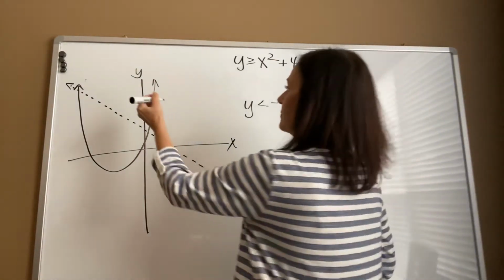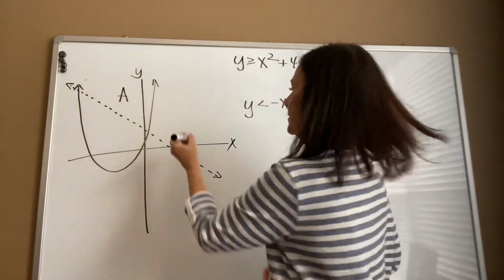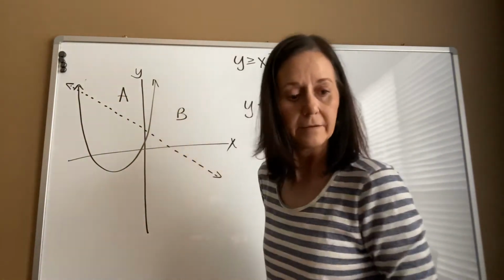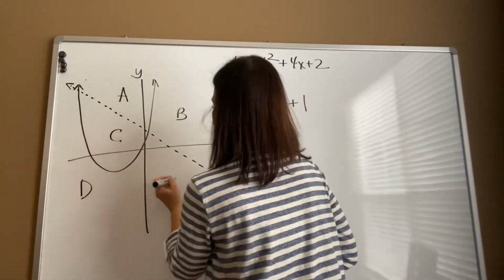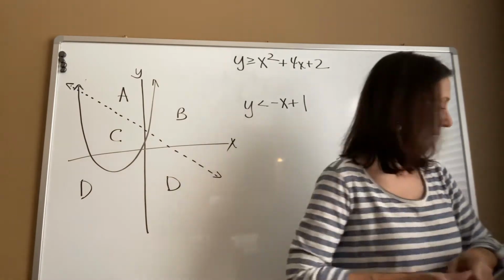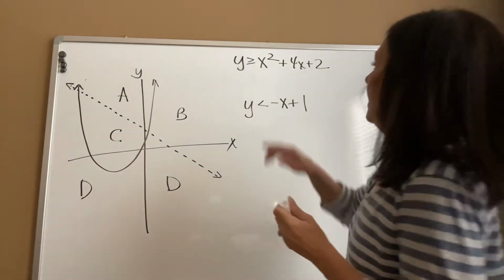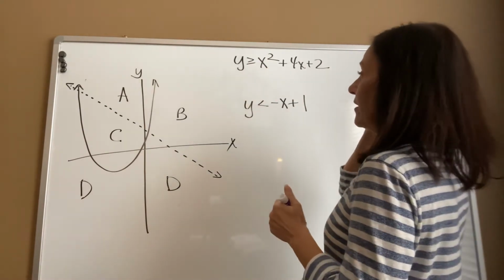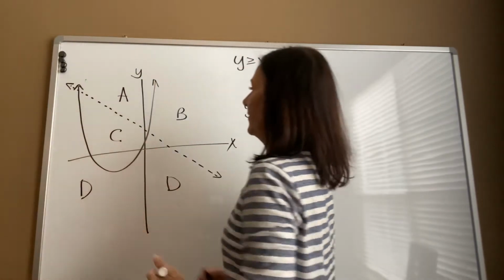All right, so this region is labeled A. This region is labeled B. C and D is those two areas. Now, y greater than is going to be everything inside the parabola.